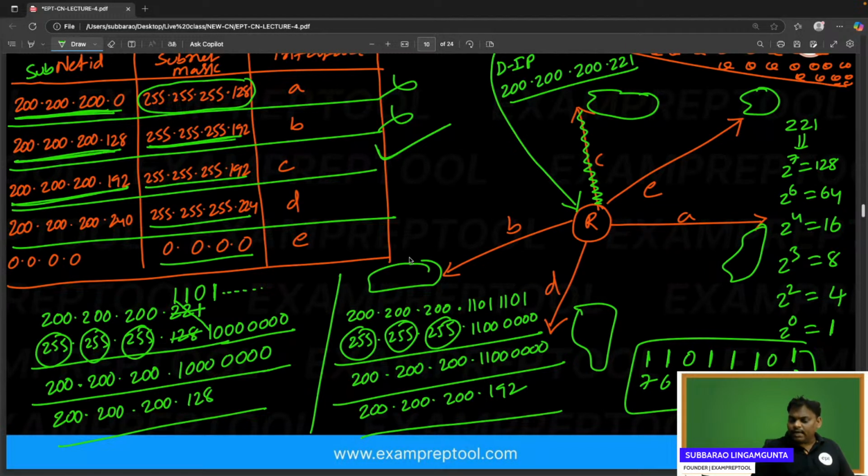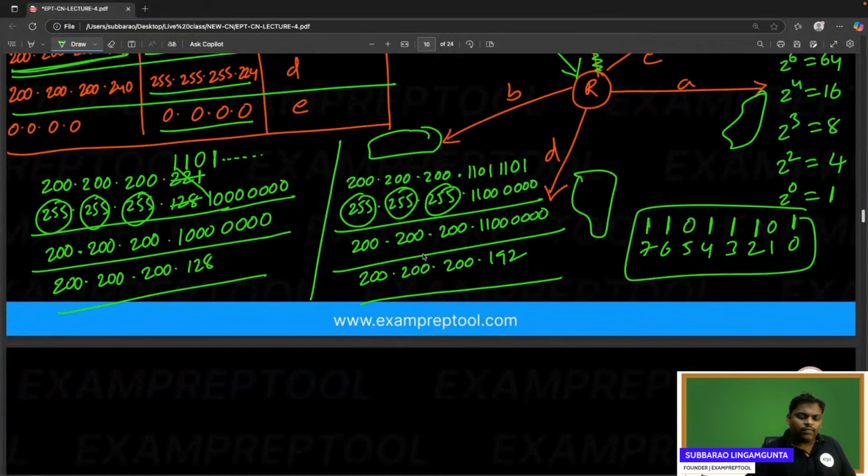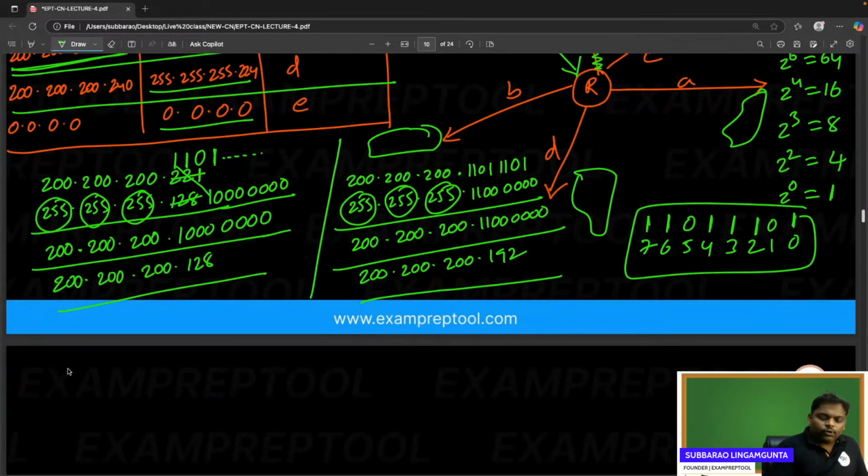Let's try for the D interface also. Let's check. 200. So I think 221 goes to 1101 1101. Okay, that's perfect. Now see the right subnet mask. 255.